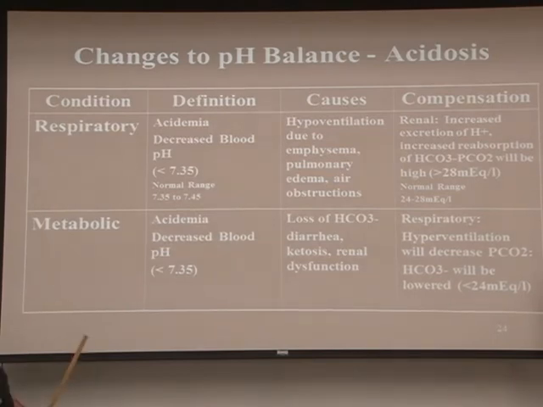So if a person is in acidosis, then their blood is too basic or too acidic? Too acidic. So what happens is, if the respiratory system is creating the problem, then we would say you're in respiratory acidosis.